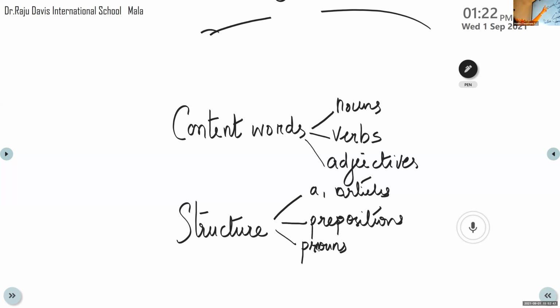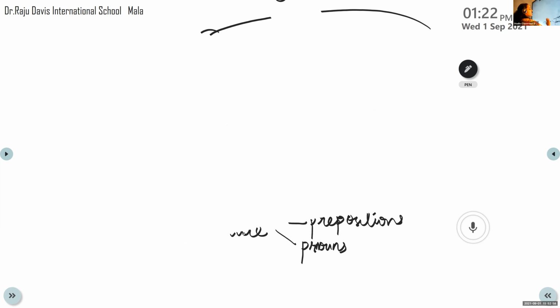Now you understood what are structure words and what are content words? Yes, ma'am. Okay. Now I'll tell you why I told you about content words and structure words. So we were talking about stress, sentence stress.